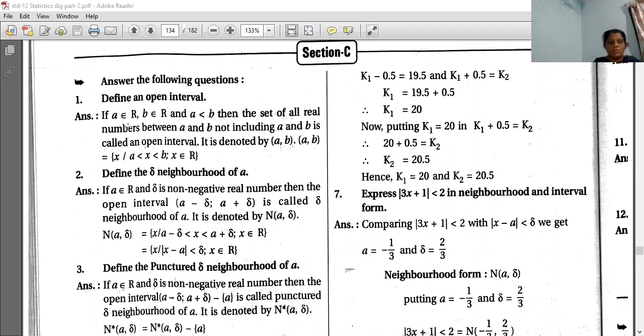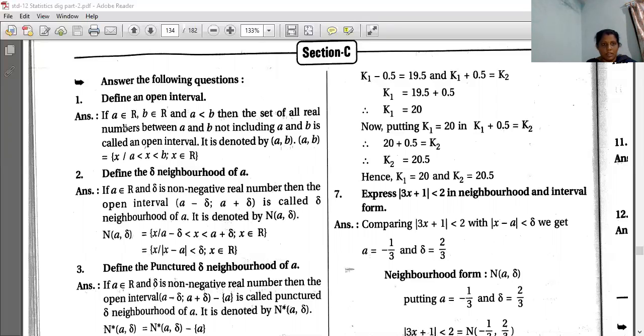If A belongs to R and B belongs to R and A is less than B, then the set of all the real numbers between A and B, not including A and B, is called an open interval. It is denoted by (A, B), that is equal to x such that A is less than x and x is less than B, and x belongs to R.